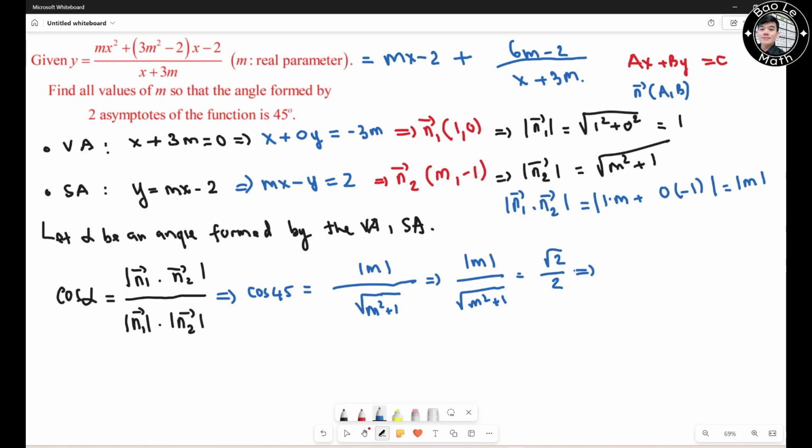Squaring this one gives m squared over m squared plus 1 equals 2 over 4. Alright, 2 over 4 is going to be 1/2, right? Okay, cross multiply, so it turns out to be 2m squared equals m squared plus 1. Subtract m squared from both sides, so m squared equals 1. Take the square root of both sides, so m equals plus or minus 1.